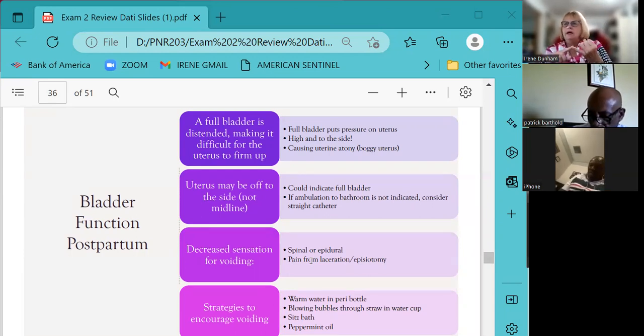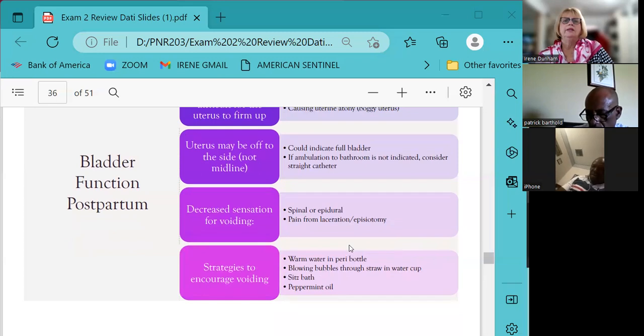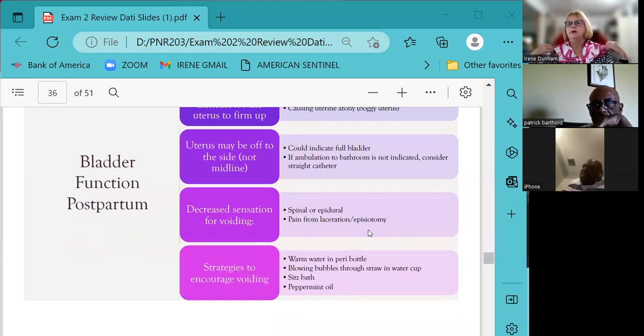If she has a spinal anesthesia, epidural, or a pudendal, well, pudendal not so much, but usually the spinal or epidural, they don't have a sensation to pee. And so you have to be very careful about their bladder getting too full. Also, put that ice pack on the perineum after delivery, and it'll get her to void too.